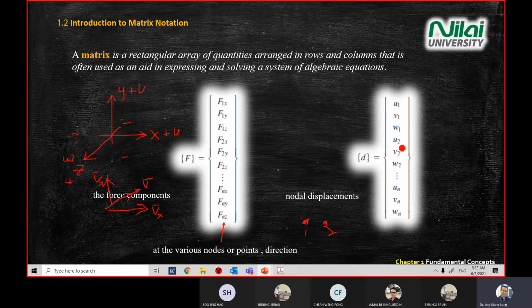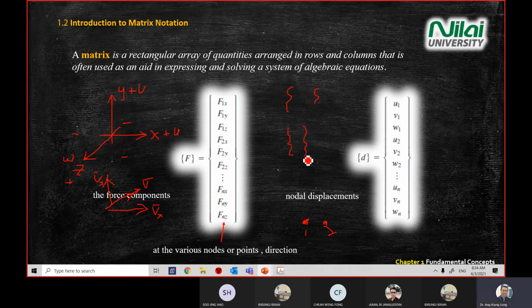Okay, so for this module, the presentation of your answer is very important. If you write f1x, it means something. If you write f2x, it means something else. So don't confuse them, because later on you will use matrices to solve problems. Up to this stage, remember, we deal with force and displacement. And you have two types of presentation. Sorry for my drawing, I'm drawing using my mouse.